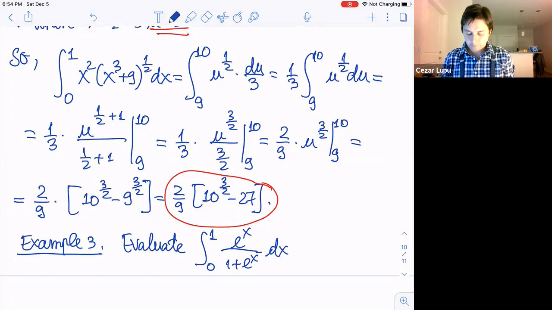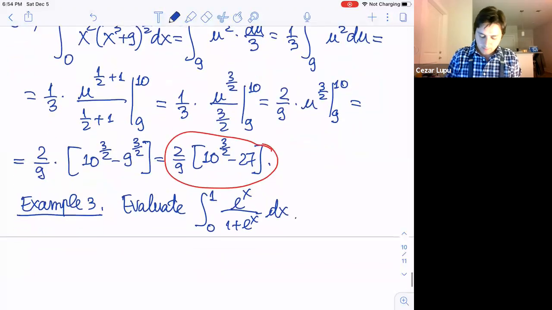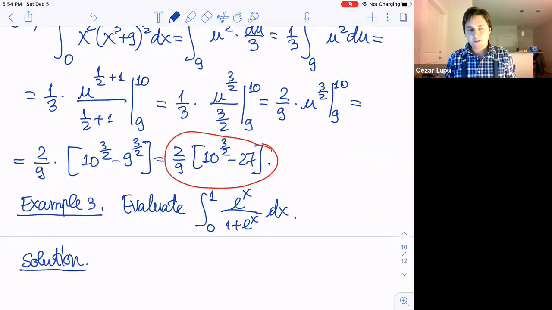Now, as you can see, we have the quotient of two functions which involve the exponential, but maybe we should just do a substitution. We have two options here.